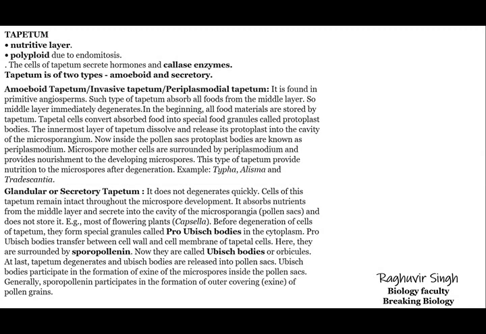In this type, the cells form special granules called pro-Ubisch bodies, within which food is stored. These pro-Ubisch bodies get covered by a substance called sporopollenin, and are then called Ubisch bodies. What is sporopollenin? I will come to that later. These Ubisch bodies are then released into the pollen sacs and help in the nourishment of the pollen grains. The sporopollenin, which forms the wall of the pro-Ubisch body, helps in forming the outer layer of the pollen grain.